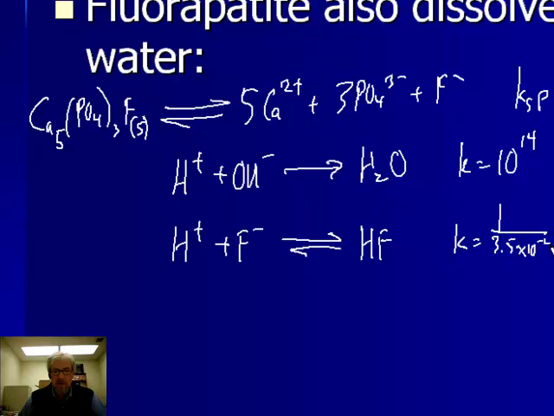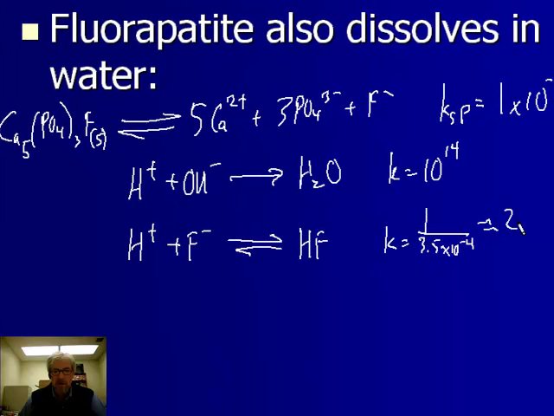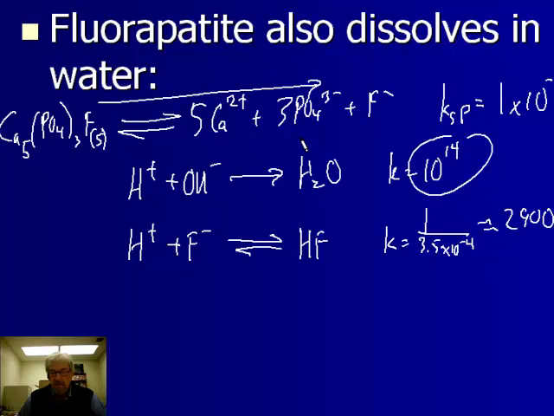So this is still a big number. It's like 2,900. But 2,900 is about 100 billion times smaller than 10 to the 14th. And so less F- will be removed from your spit. And so the Le Chatelier shift to the right that decays your tooth enamel will be not as extensive if the enamel is fluorapatite rather than hydroxyapatite.